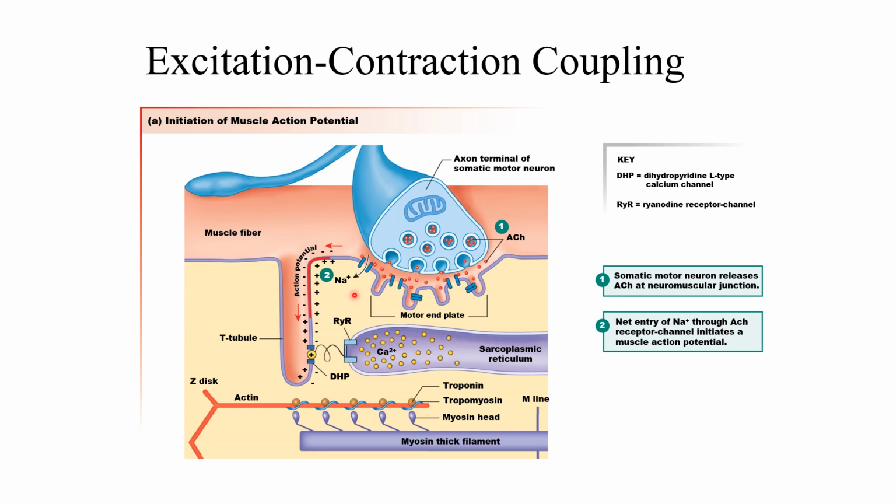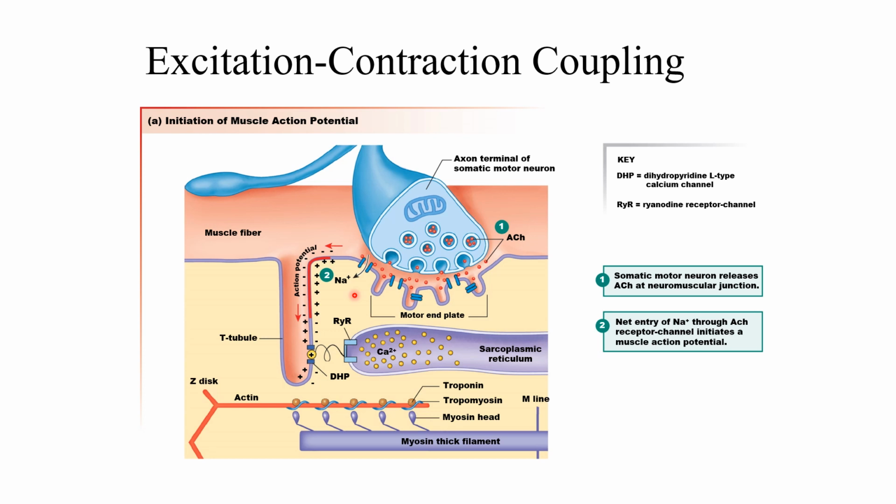Now, why is sodium going to be entering into the cell and not exiting? Because as we said, we have way more sodium ions outside of our cells. And so diffusion is going to allow those ions to move from the high concentration area, which in this case is outside, into the lower concentration area, which is inside of our muscle cells.